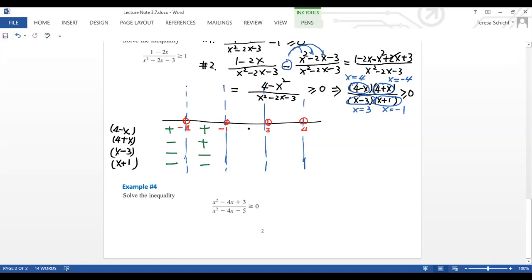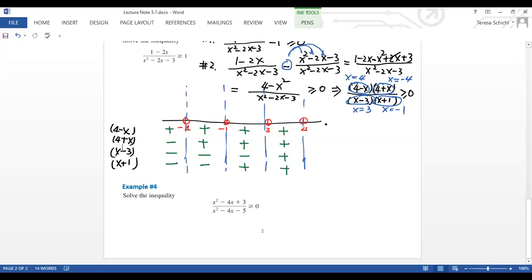Get it? Okay, now choose something between 3 and negative 1. Let's say 0. Okay, so 4 minus 0 is positive. 4 plus 0 is positive. 0 minus 3 is negative. 0 plus 1 is positive. Okay, choose something in between 3 and 4, 3.5. 4 minus 3.5, positive. 4 plus 3.5, positive. 3.5 minus 3, positive. 3.5 plus 1, positive.